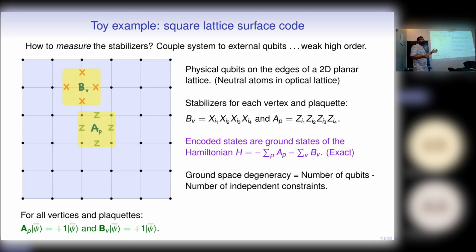So the total number of qubits is 2n squared. The number of X-type stabilizers that cut the space in half is n squared, and the number of Z-type stabilizers is also n squared. Which means if we look for a common +1 eigenstate, the dimension of the eigenspace is 2 to the 0, which means this is a unique eigenstate.